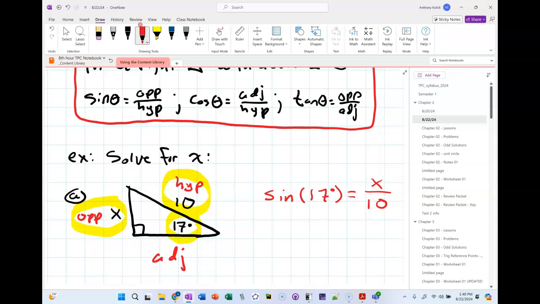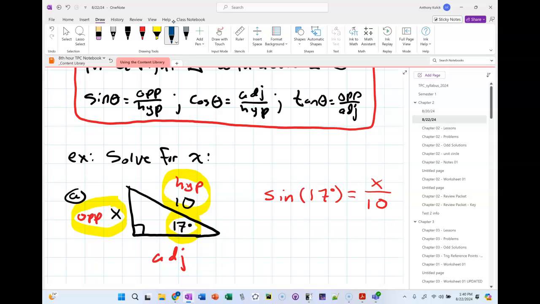What operation is going on between the x and the 10? When it's like a fraction like that: addition, subtraction, multiplication, division. It's division, right? Like when you have a fraction like that, it means division. So if we want to undo division, we need to use multiplication. So what we'll do to both sides is to multiply by 10.